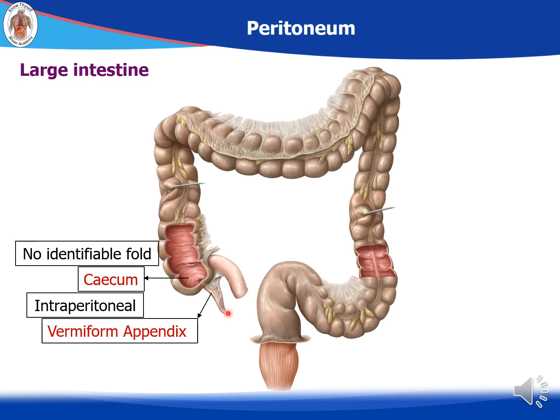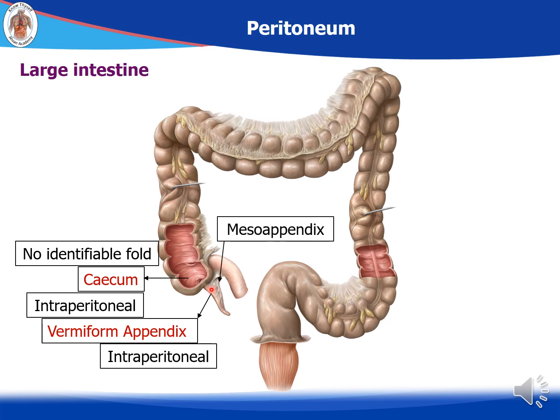You can see a triangular shape, narrow at the tip and broader close to the base, attached to the mesentery of the terminal part of the ileum, so it is intraperitoneal and has a mesentery. This is known as the mesoappendix.